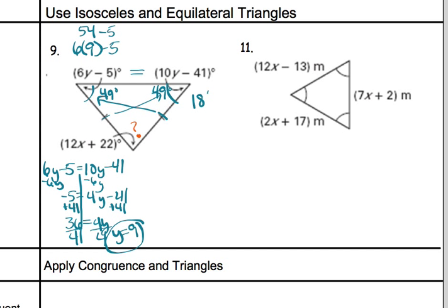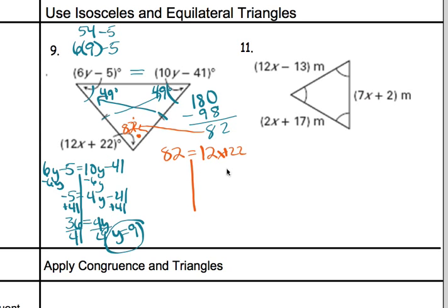So we need to do 180 minus 98. So subtracting there, that's going to be 82, which means that here where we put our question mark, that angle is 82 degrees. So now that we know this angle, we can use that to find x. So we're going to set 82 equal to 12x plus 22.